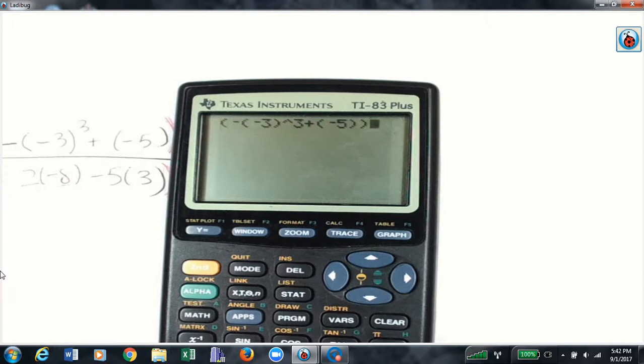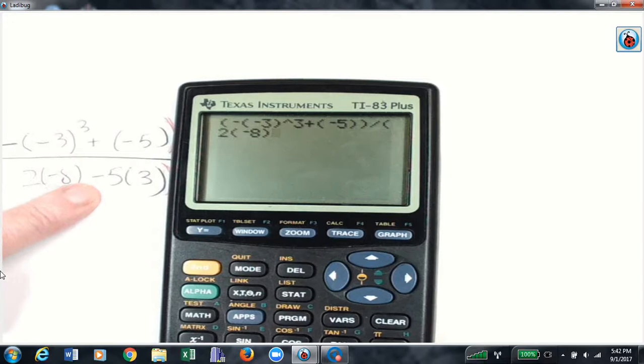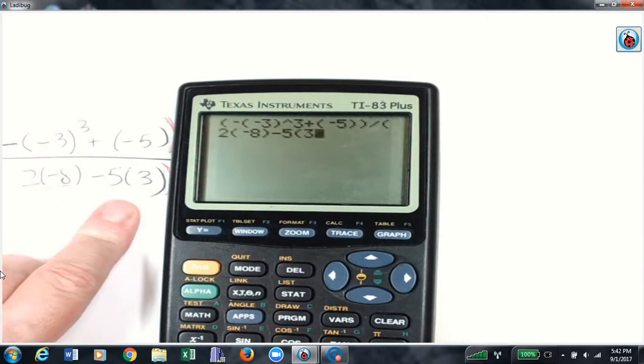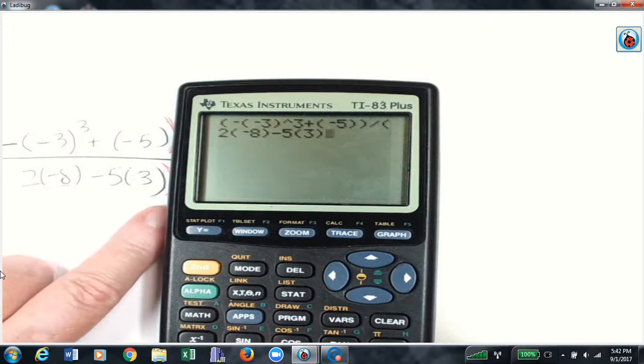Then I hit the division key, and then the entire denominator has to go into parentheses. So parenthesis for the red parenthesis, then 2, parenthesis, negative 8, not the subtraction sign but the negative symbol. Then the subtraction sign, so minus 5, then parentheses 3, and then close. Oh, no. And then close parentheses for that.